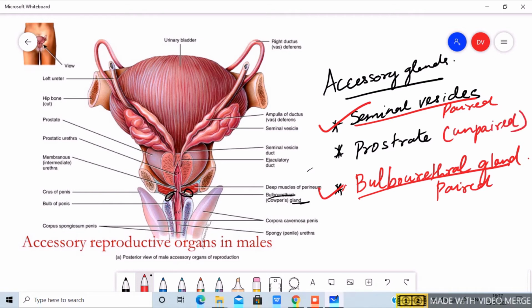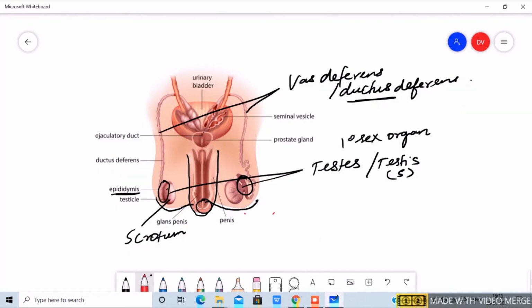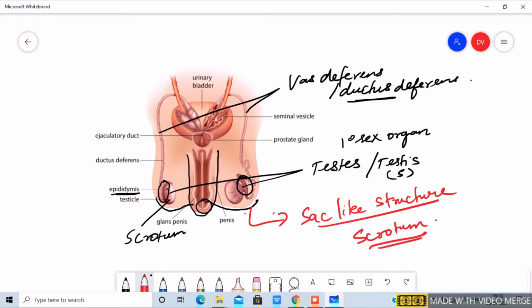Very important question from exam perspective. Before talking about the contribution of the accessory glands and their fluids, I would like to tell one important thing about the scrotum. In all of the pictures which I showed you, there is a sac-like structure called the scrotum. That bag is external to the pelvis. And why is it external to the body surface?